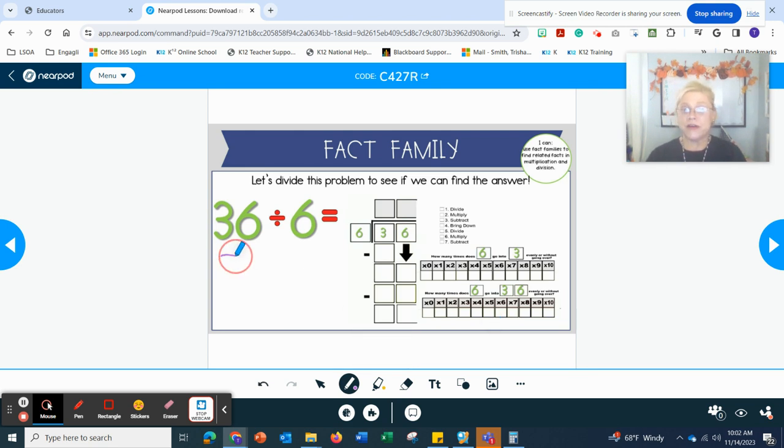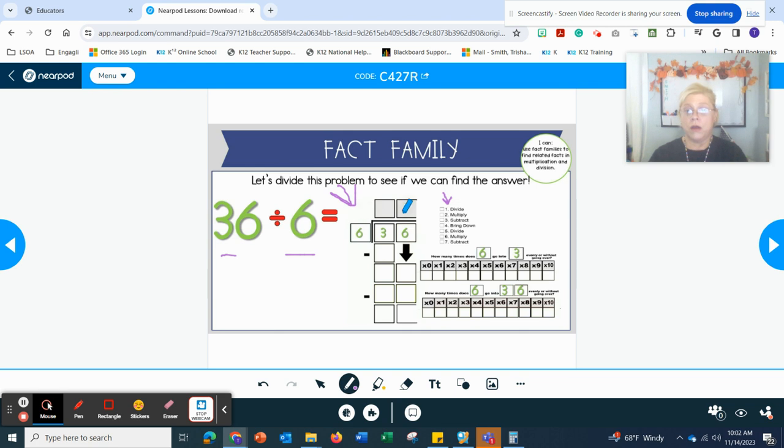So we're doing 36 divided by 6. What you see right here is a division frame. In this division frame, we're going to divide 36 by 6. So right here is our checklist. This checklist is just reminding us what we need to do.